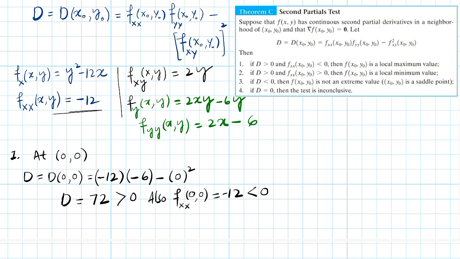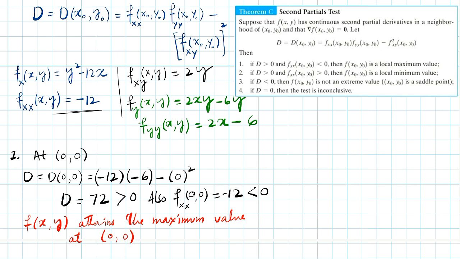So here we can say that f of xy attains the maximum value at 0 comma 0. And the maximum value will be automatically 0, because when you put x 0, y 0 in the original function you will get 0. Okay, and the maximum value is 0.